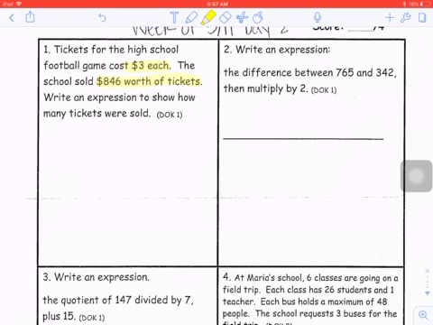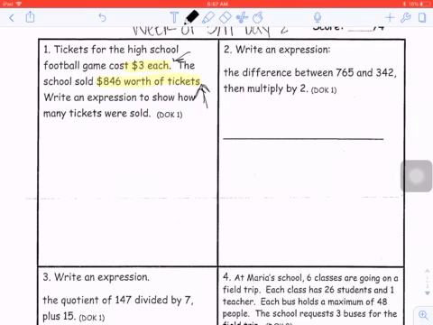So all together, when I think of what this is trying to say, all together they sold that many, and they were $3 each. So that's my total. That's one of the parts, and I need the other part.